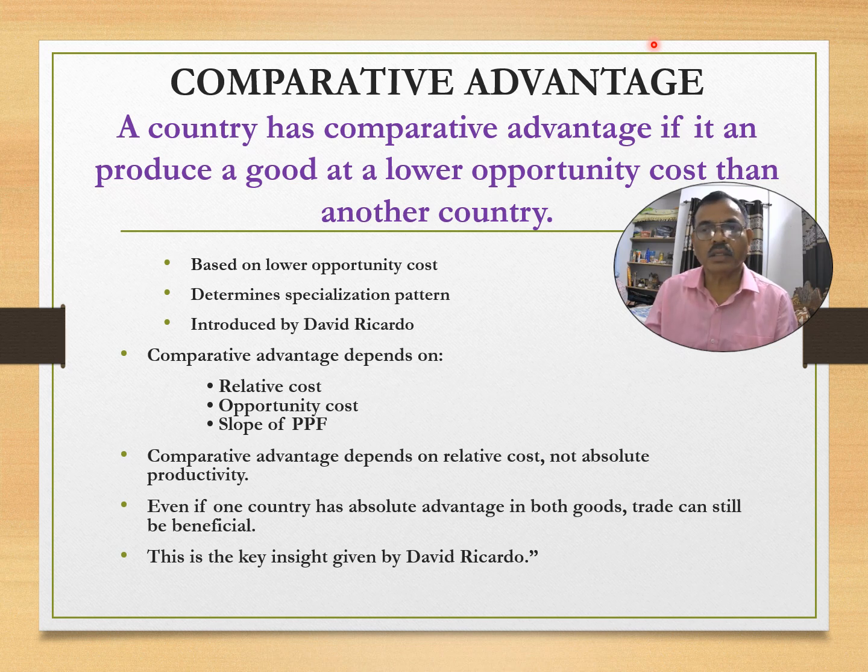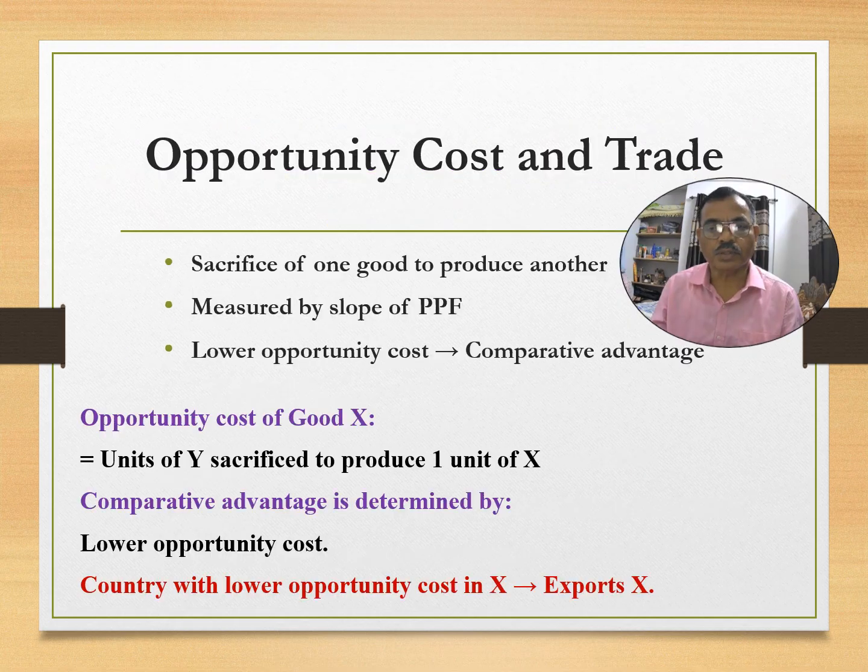To understand comparative advantage properly, we must carefully understand opportunity cost. Opportunity cost measures how much of one good must be sacrificed to produce an additional unit of another good.